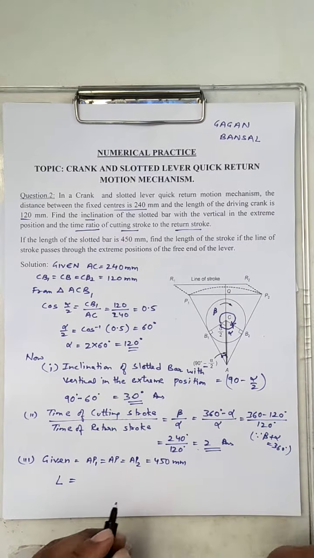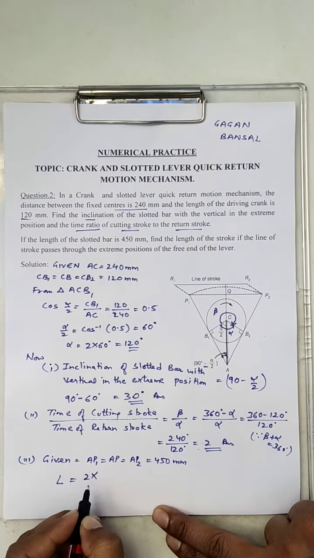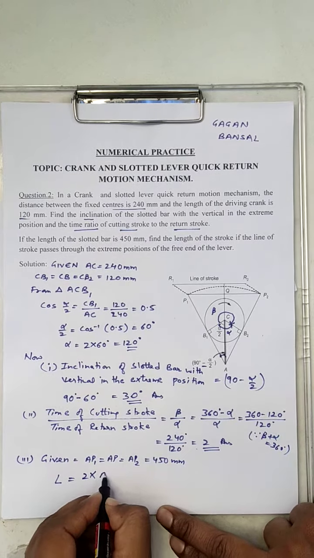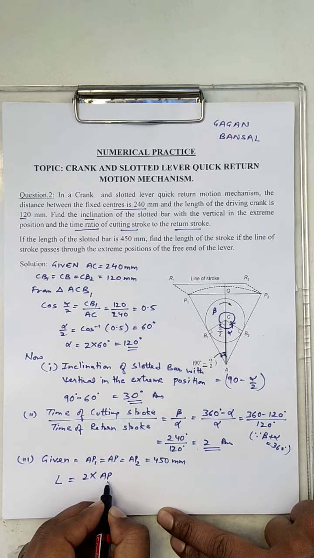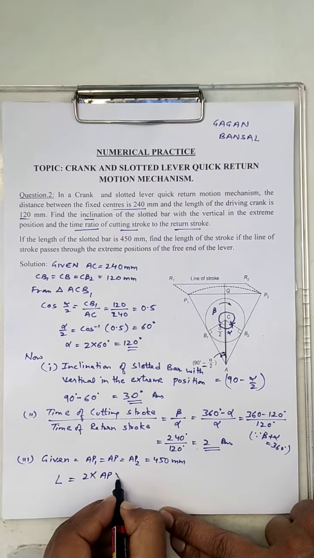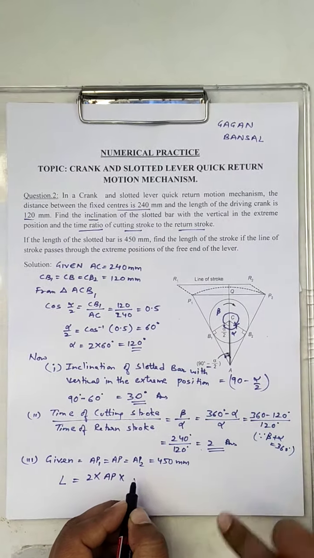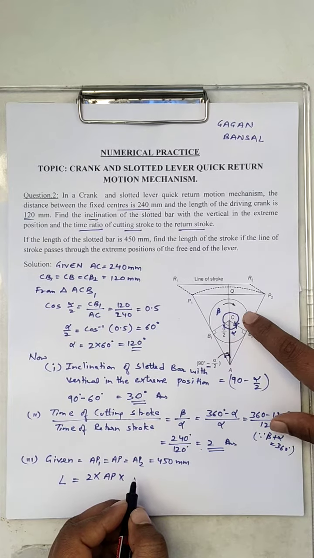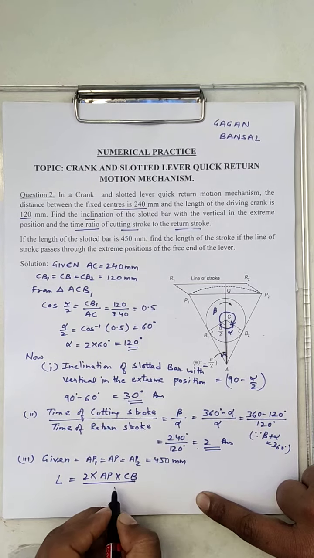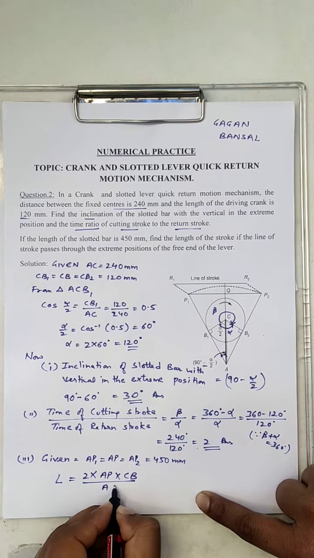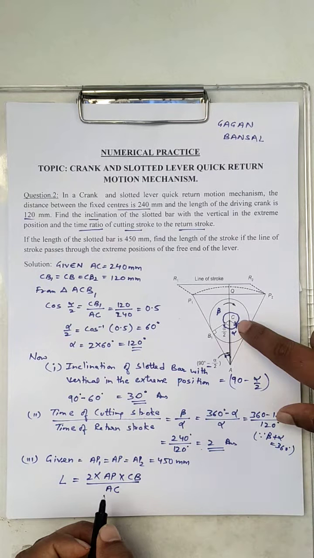Length of stroke, the formula is known to us: it is 2 into AP, that is, length of stroke is equal to 2 into length of slotted bar into CB, that is length of driving crank, upon AC, that is length of fixed centers.